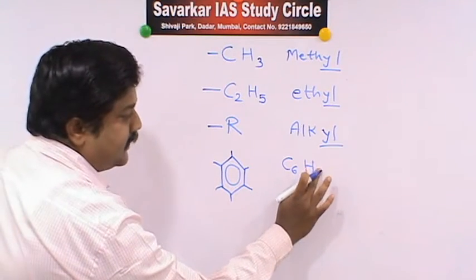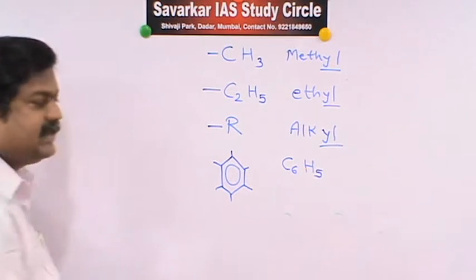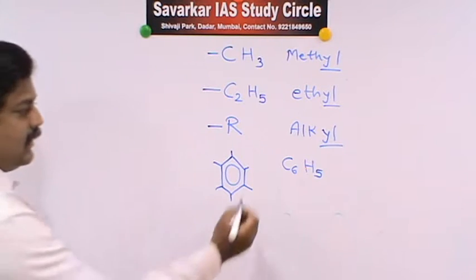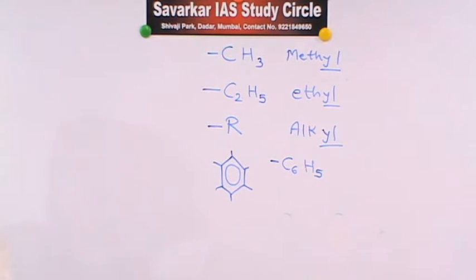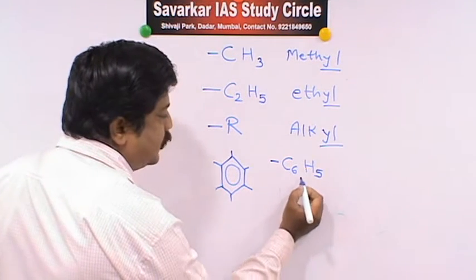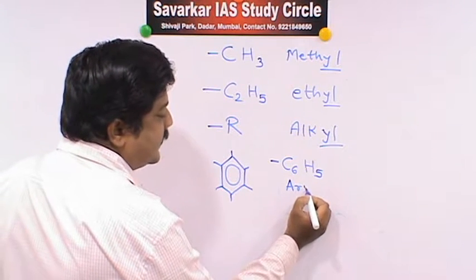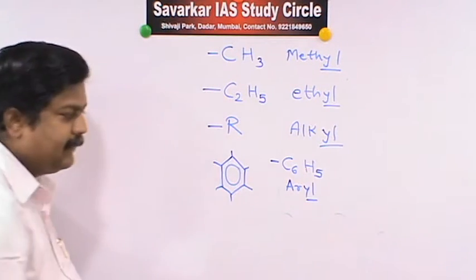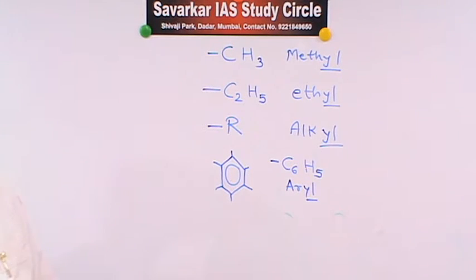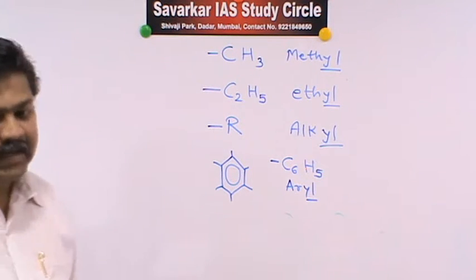As one hydrogen is removed, this becomes C6H5 and has an open site, where any favorable atom we can attach. This is actually an aromatic compound, so this is called an aryl group.